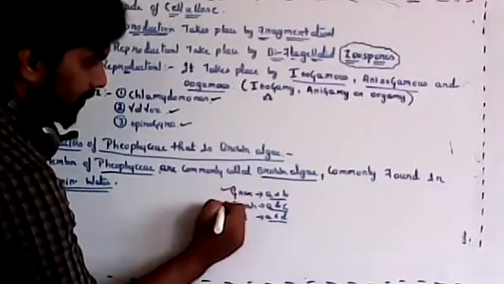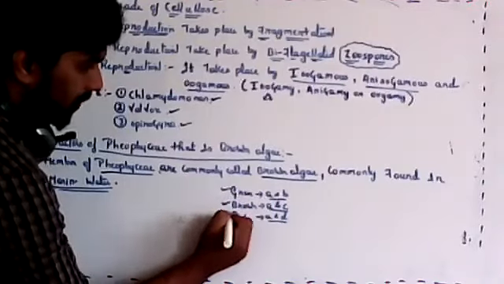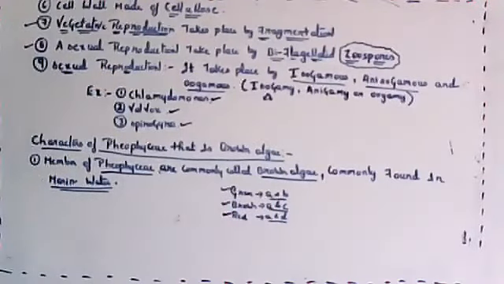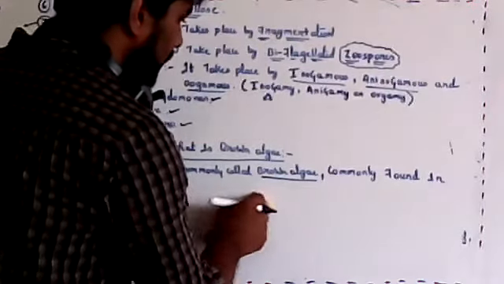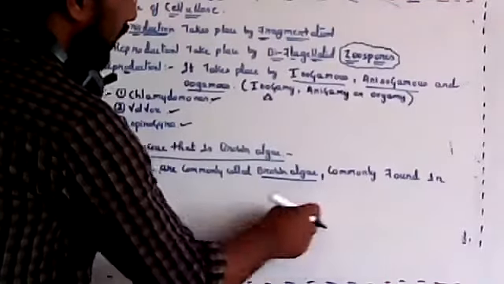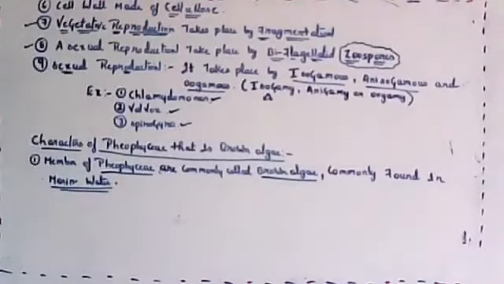If A and B is present, green; A and C, brown; A and D, red.